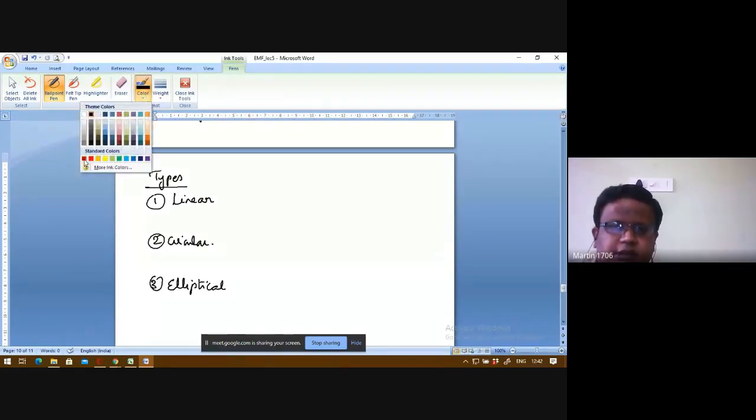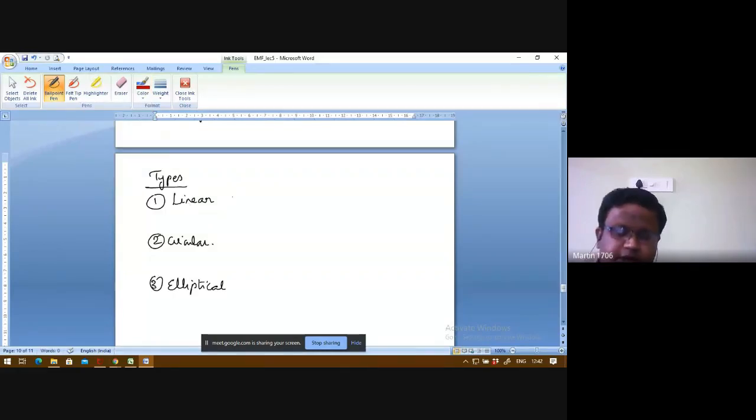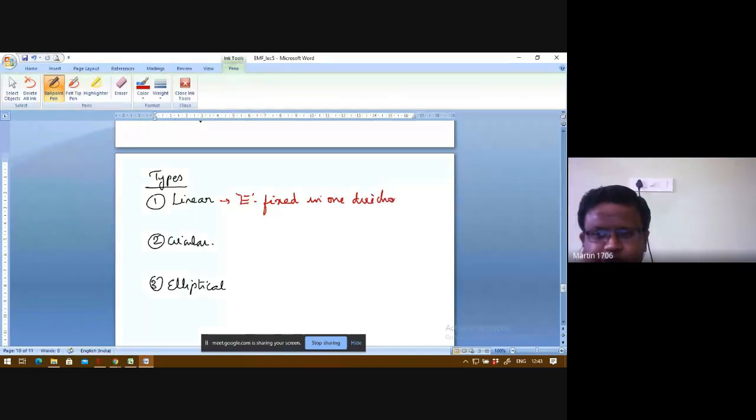Let me see quickly what is meant by linear polarization. In linear polarization, the electric or E field is fixed in one direction, and it does not involve the magnetic field. Such type of polarization is nothing but linear polarization.